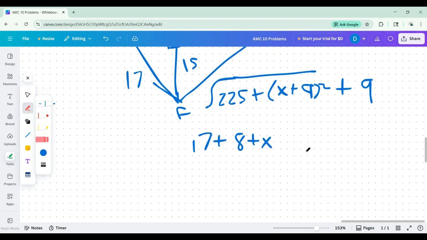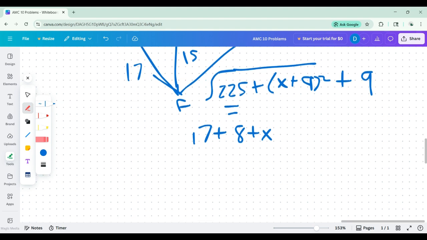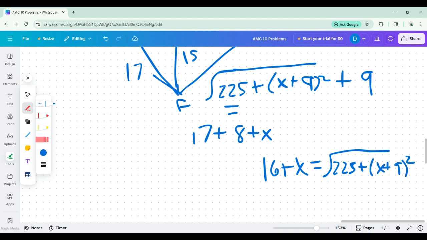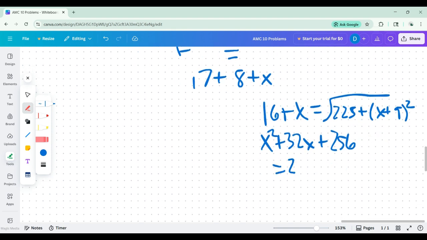So we just set these two equations equal, and we have 16 plus x is equal to the square root of 225 plus (x plus 9) squared. We square both sides. x squared plus 32x plus 256 equals 225 plus x squared plus 18x plus 81.